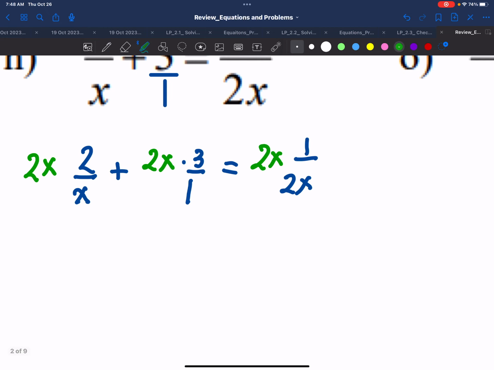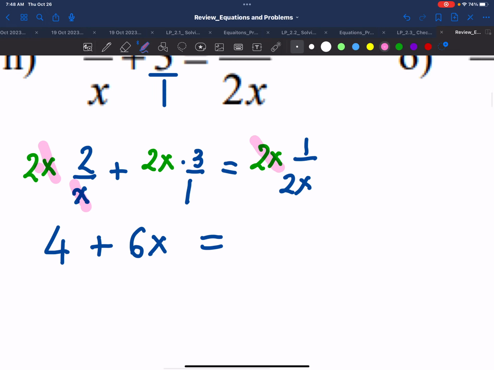Now remember that the operation that exists here between 2 and x is multiplication, so that will simplify the x in the denominator. So 2 times 2 is 4, plus 2x times 3, 6x. And 2x will divide 2x into 1, so the right side will have just 1.